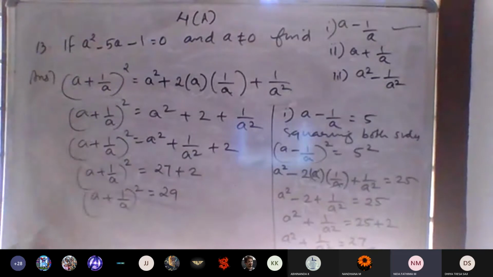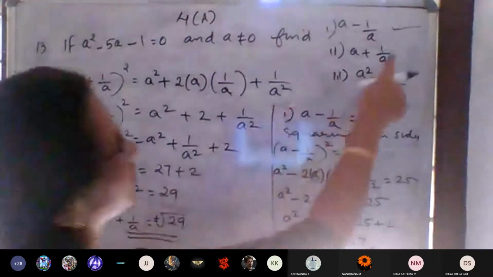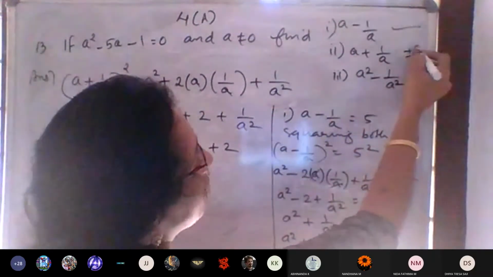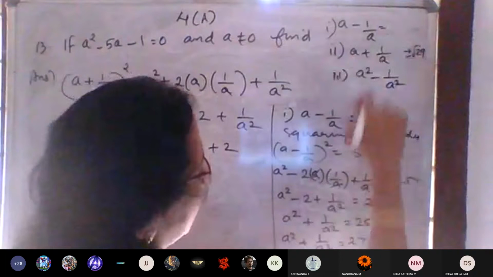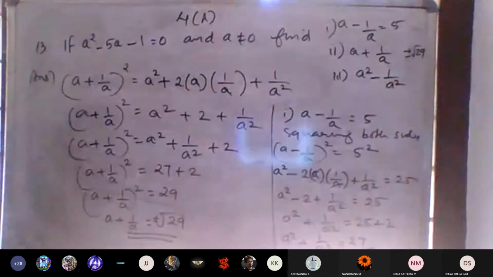So a plus 1 by a is equal to the square root of 29, plus or minus root 29. Now the first part a minus 1 by a we got as 5. We have to find out a square minus 1 by a square.